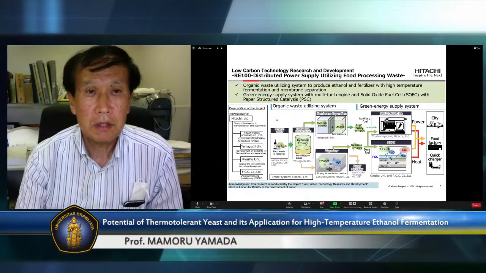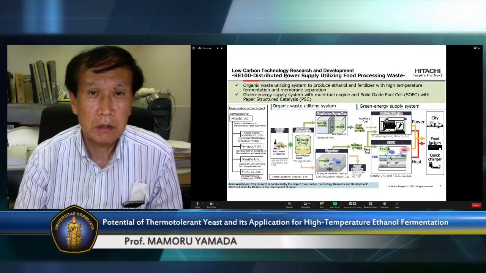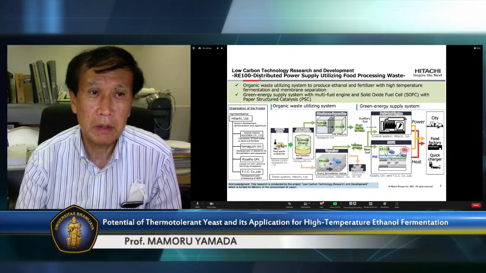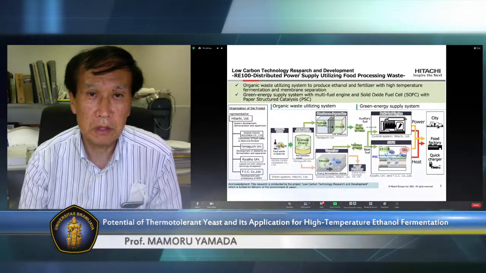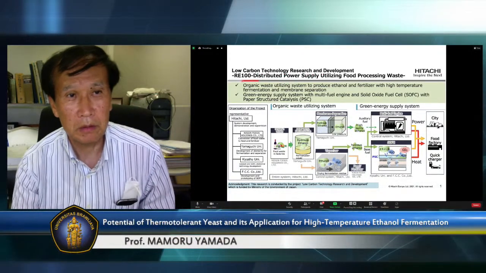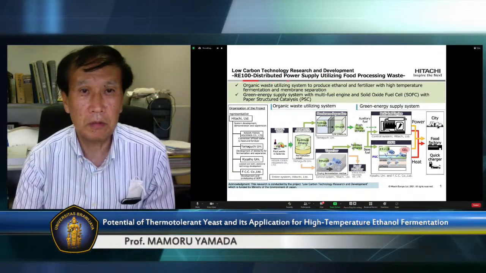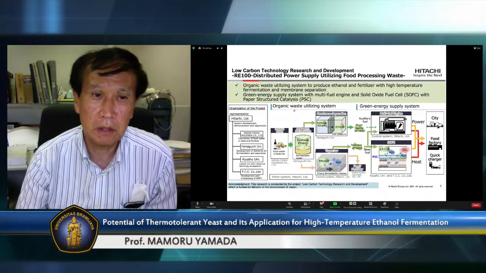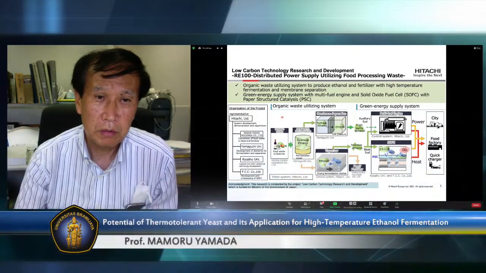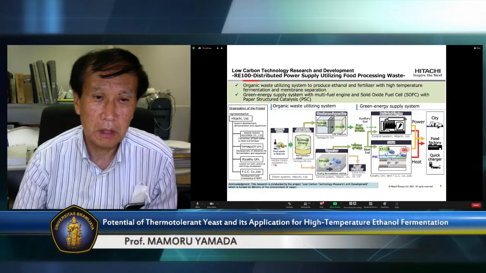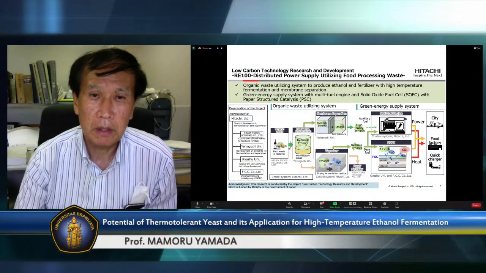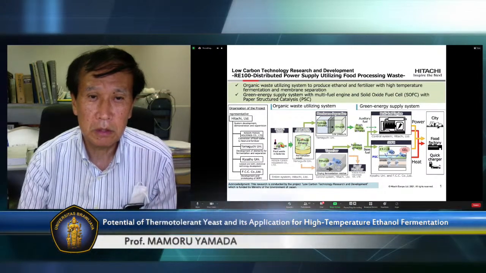So this is a recent project of ours with a Japanese company, and this is a low carbon technology research and development: RE100 distributed power supply utilizing food processing waste. So the food waste from Nissin Holdings, and then we try the high temperature fermentation here.